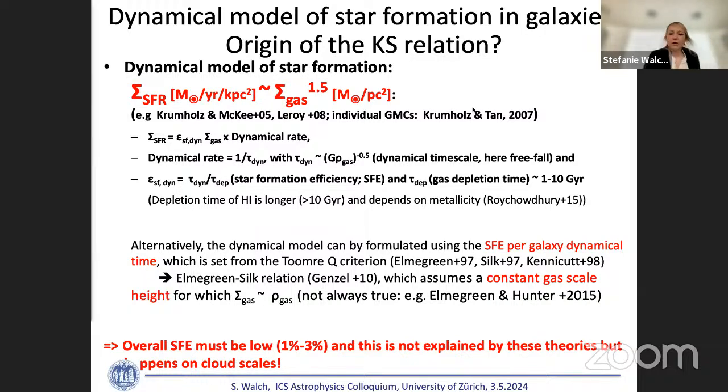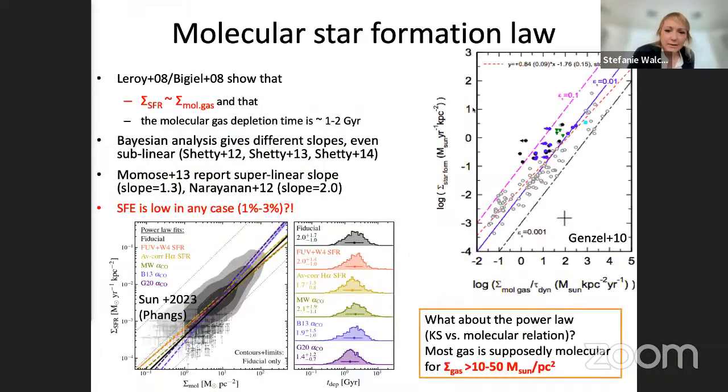And now it gets even worse, because if we look at the molecular star formation law, and there have been a lot of recent studies on this from, for example, the PHANGS survey, which can look at the carbon monoxide distribution in nearby galaxies in a lot of detail, then the following thing has been found.